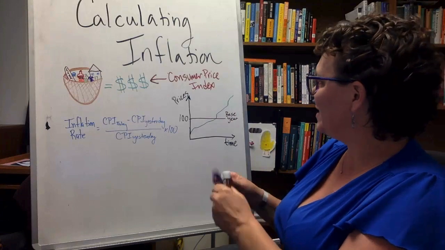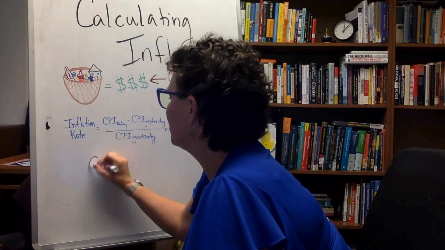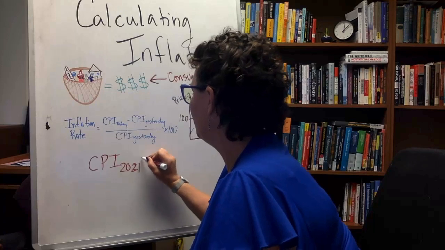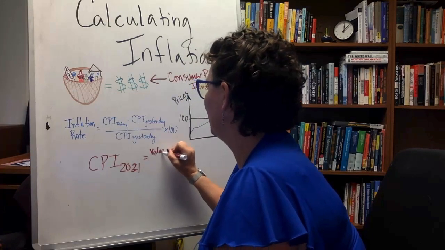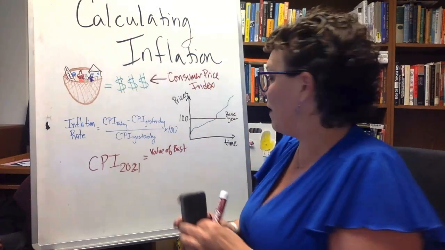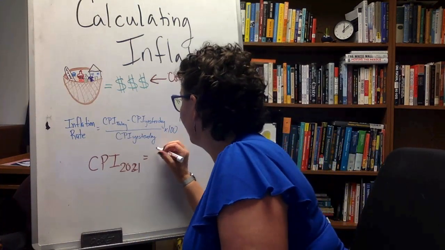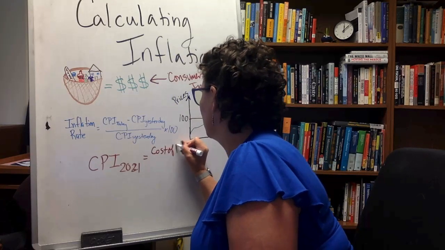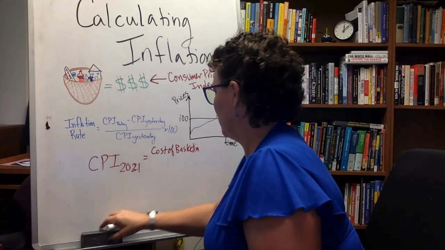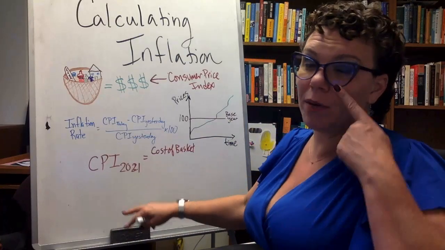And so to get that consumer price index, if we want the CPI in 2021, we want to find the cost of the basket in that first period divided by the cost in that base year. We usually pick the first year to be the base year, and that's what I'll do now, but you don't necessarily have to.